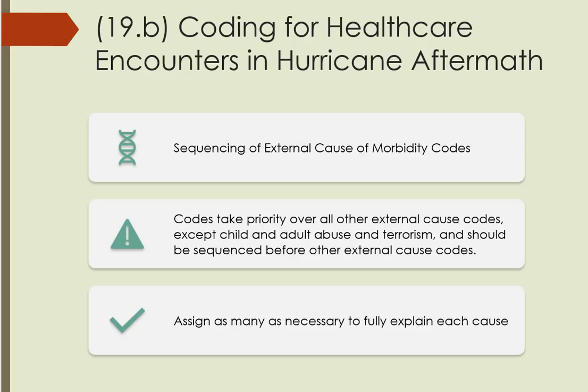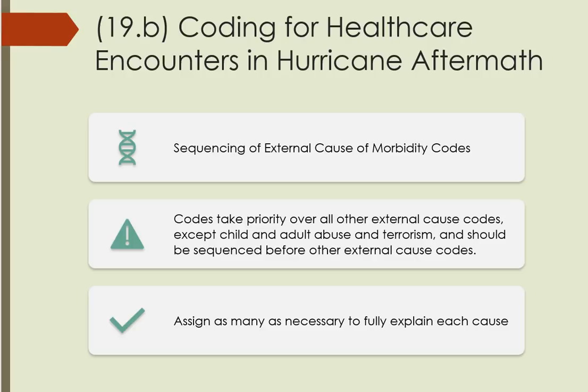Guideline B, sequencing of the external cause of morbidity codes. Again, we're not talking about the morbidity code guidelines per se, but something else you should be aware of, and this relates to sequencing. Our codes for cataclysmic events, such as hurricanes, actually take priority over all of the other external cause codes.